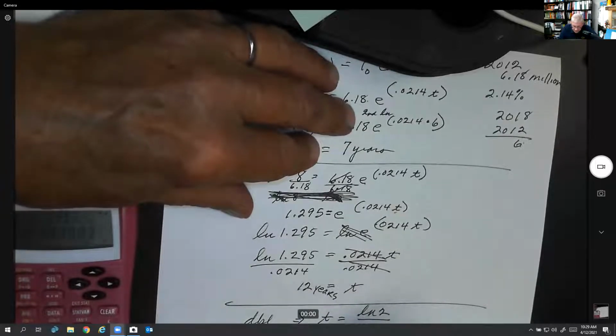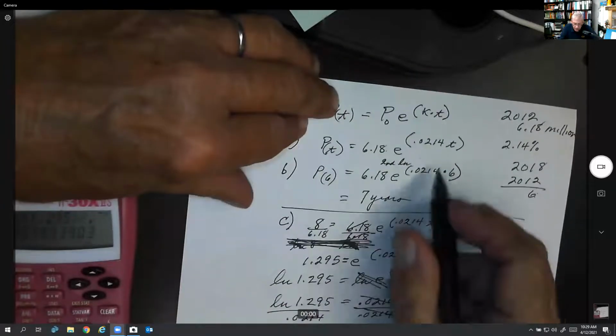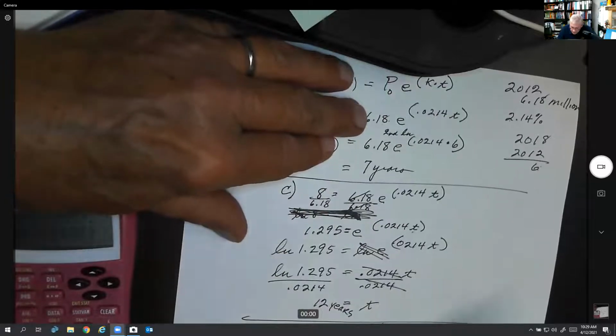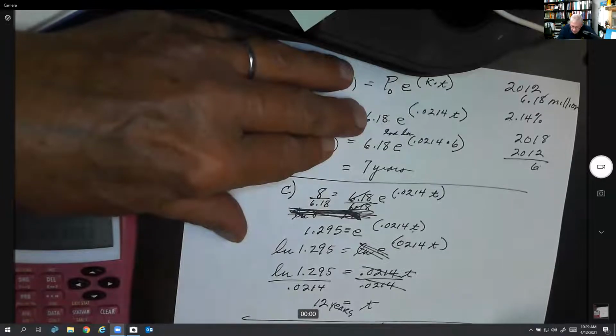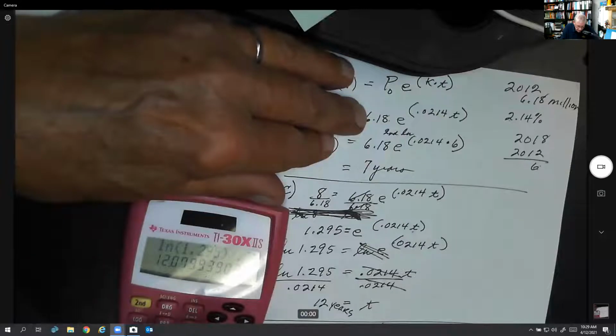T is equal to ln 2 divided by 0.0214, our growth rate. K is our growth rate. Okay, and that should give us our answer.